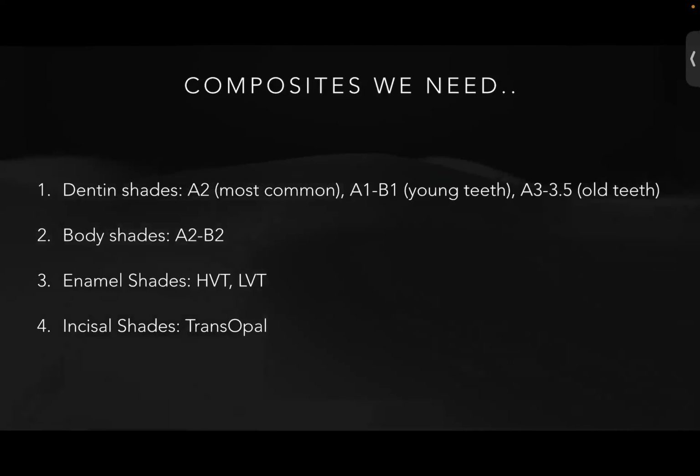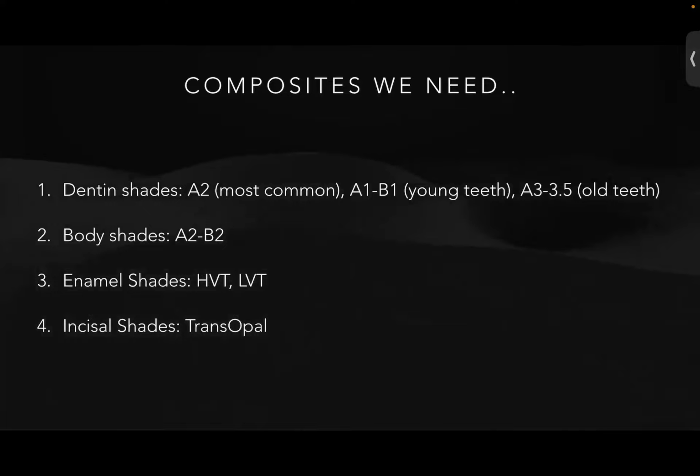What is the opacity of that tooth? You don't want one tooth to be highly opaque and you just add enamel composite everywhere, and now it's something between translucent and gray and very dull and non-chromatic. So you need to have both dentine and body shades, enamel shades and incisal shades.